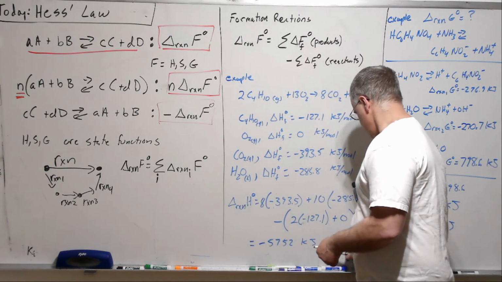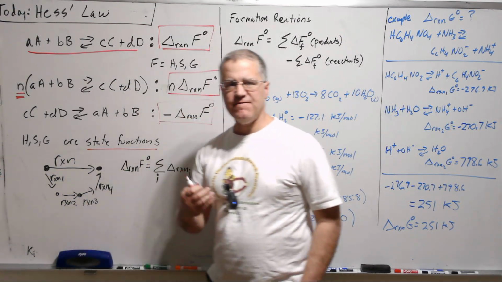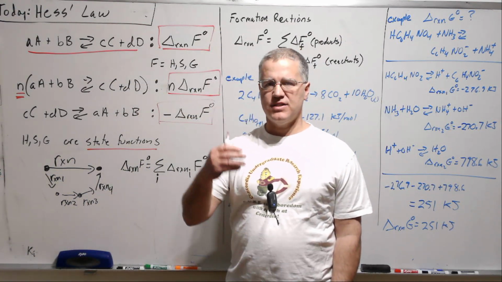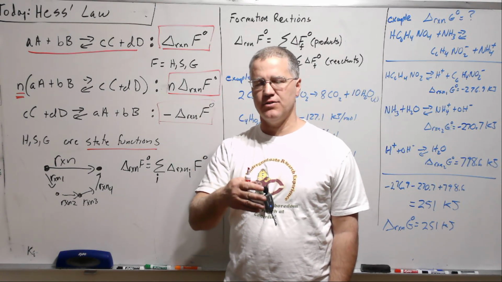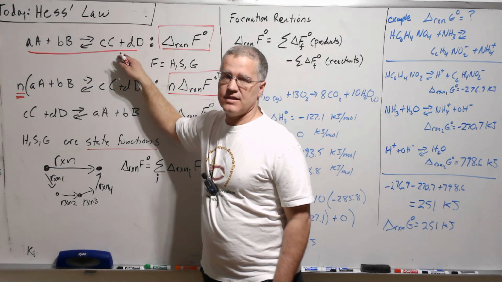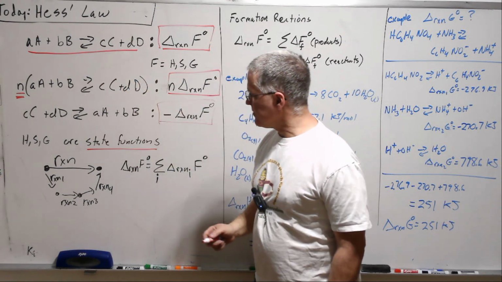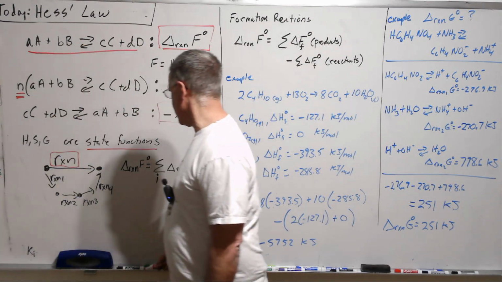Now, these are all state functions. If we remember what a state function is, it means that it's independent of the path of how we get from one state to another. So the state is this and this, products and reactants. That's what we'll call the direct reaction.